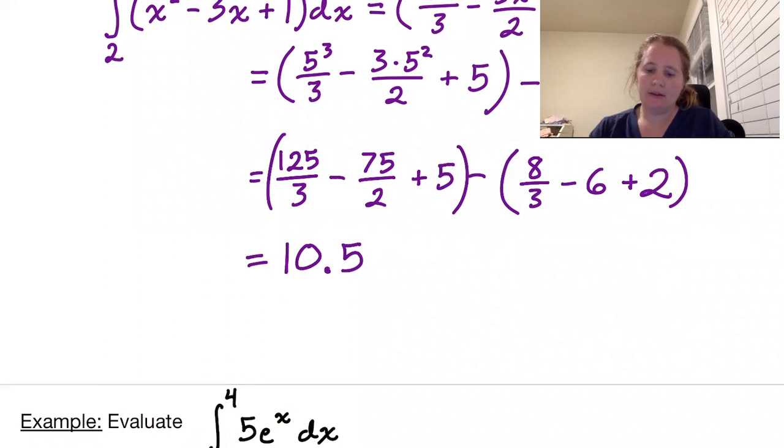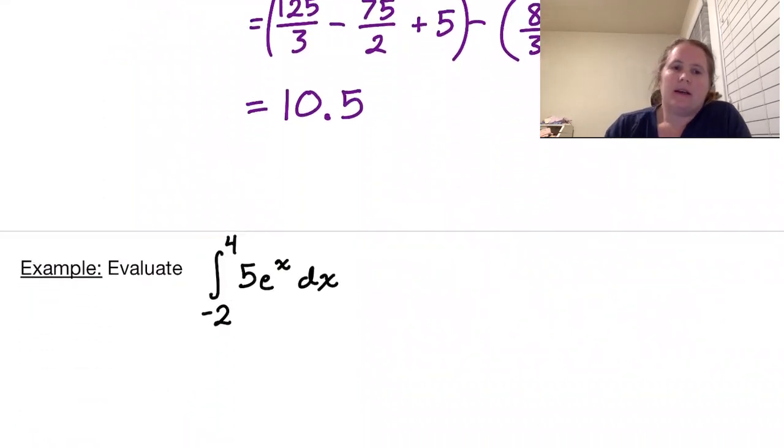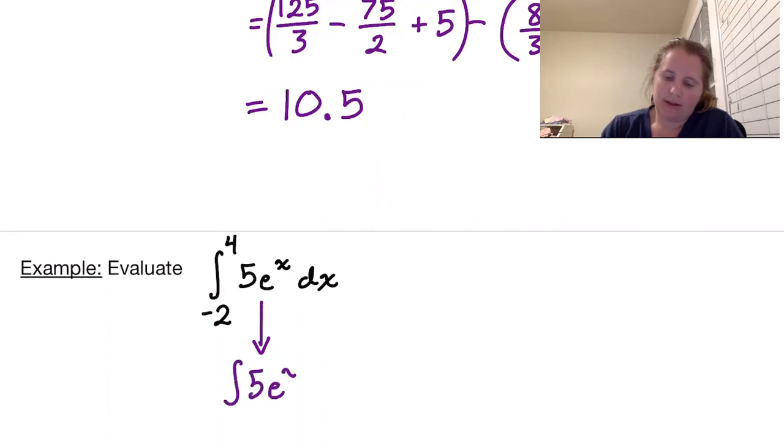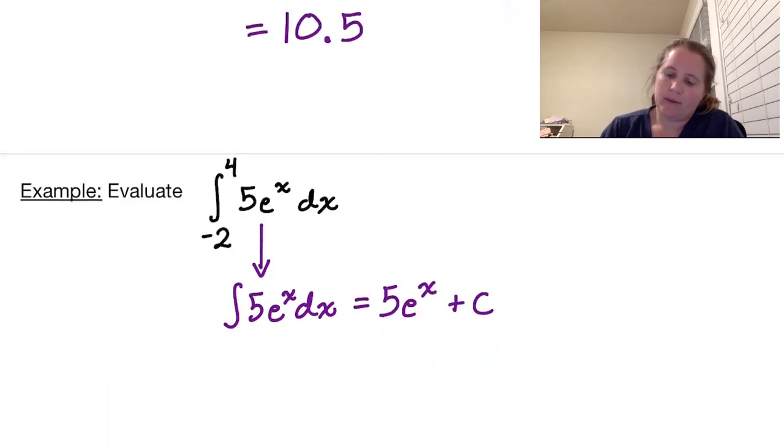So going again, we wish to evaluate the definite integral from -2 to 4 of 5e to the x dx. If we take the integral of 5e to the x dx, the 5 comes along for the ride, and e to the x is our special function. We just get back e to the x plus c. We're going to set c equal to 0.